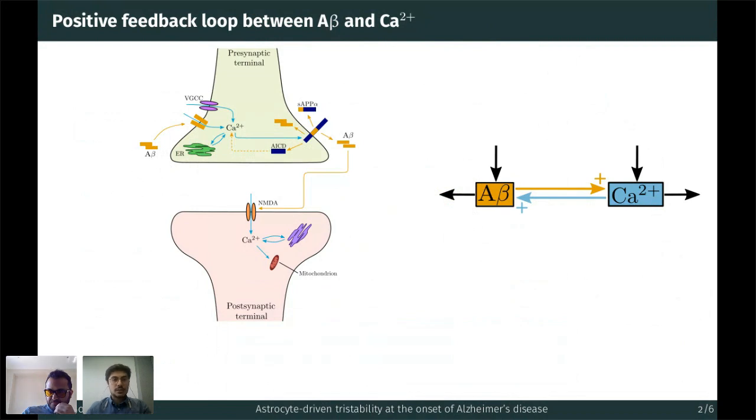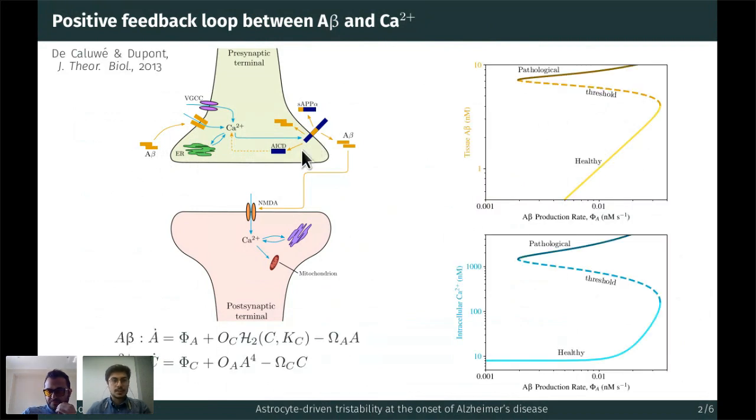This positive interaction has been studied in a dynamical framework in this work by De Caluwé and Dupont back in 2013, where using this dynamical framework, they saw that this positive feedback loop translates into a bistable system.